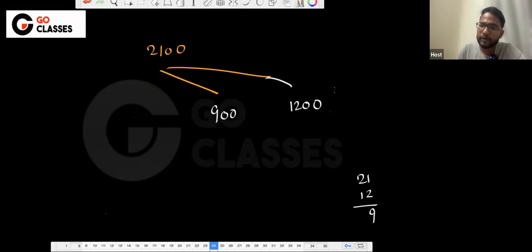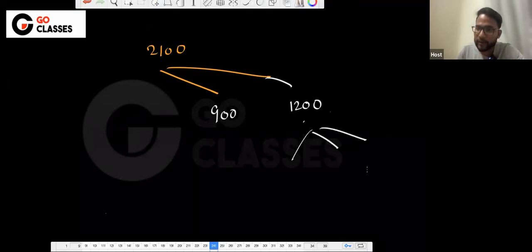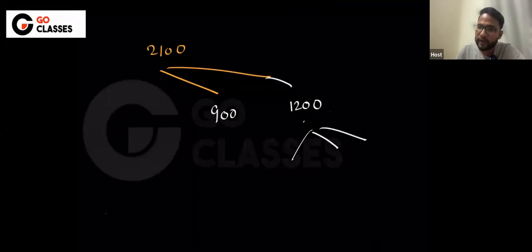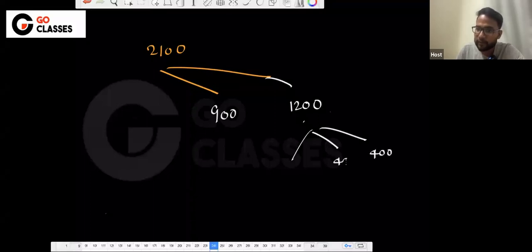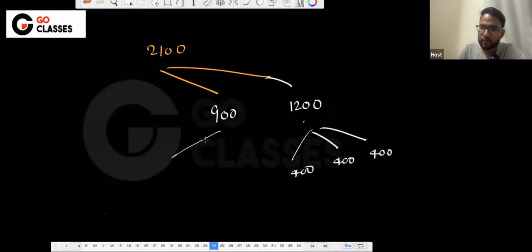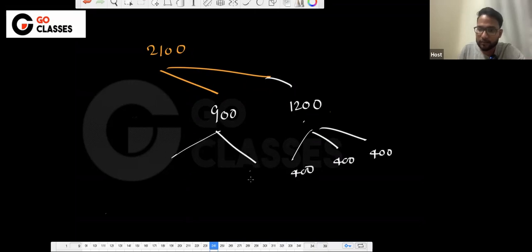So now what we need to do is again divide this into 400 bytes. So 400 without the IP header. This is also without the IP header. So you can divide into 3 parts, 400, 400, 400, right? And then you can divide this into 3 parts, 400, 400, and 100.